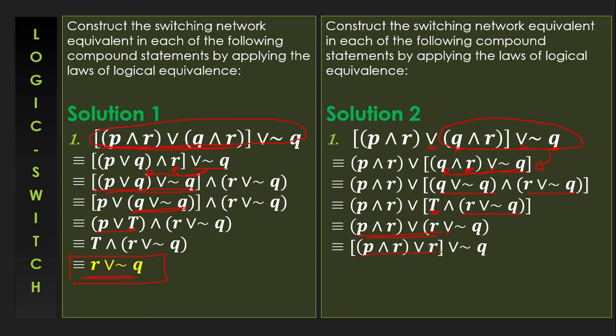And recall the laws; this would be just equal to R. So therefore, if this is just equal to R, the final answer will be R or not Q, and we got the same answer. Please review the different laws of equivalence. You just practice and practice until you'll be able to answer problems.